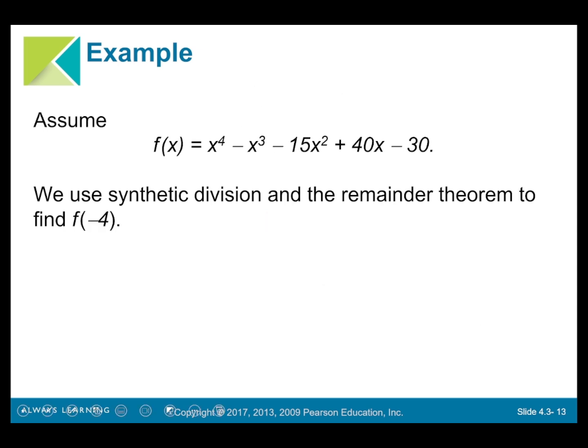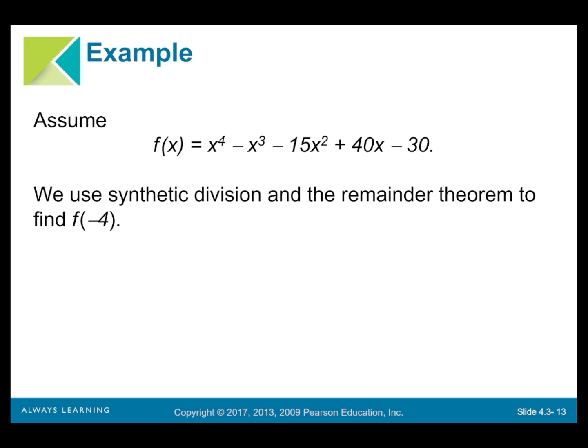Now for the next problem, we're looking at f of x equals x to the 4 minus x cubed minus 15x squared plus 40x minus 30. We're going to use synthetic division and the remainder theorem to find f of negative 4.